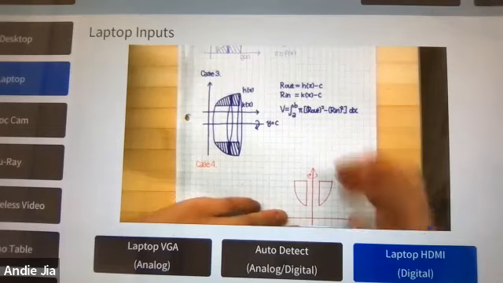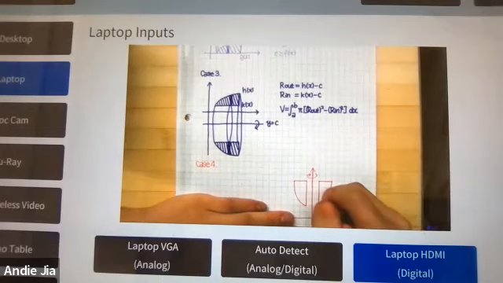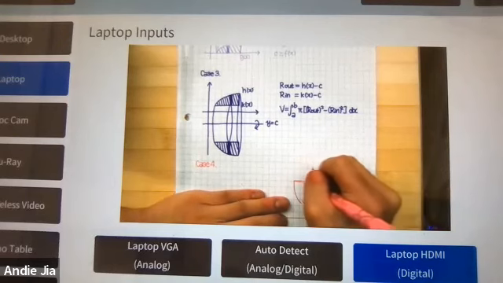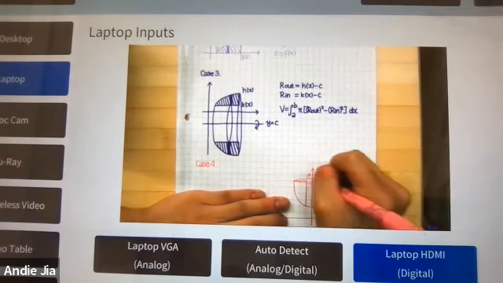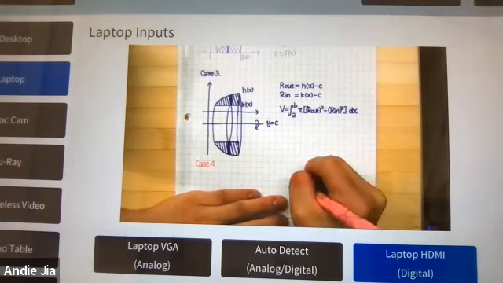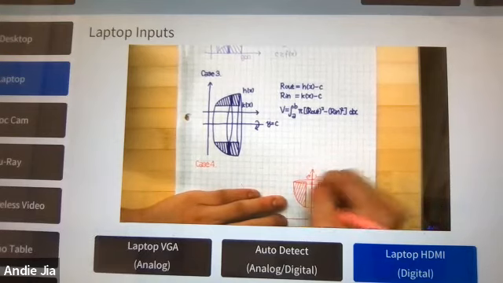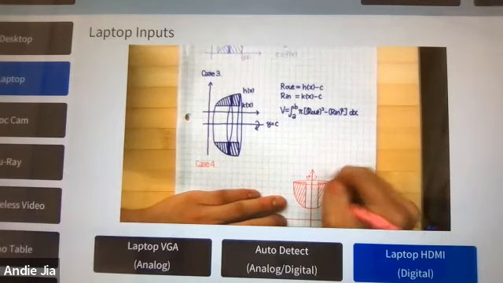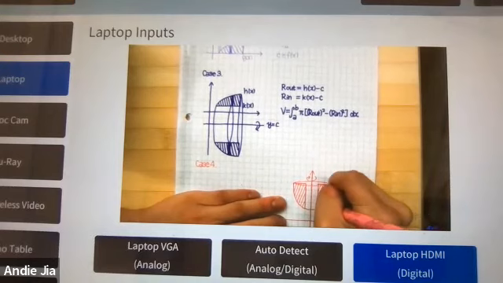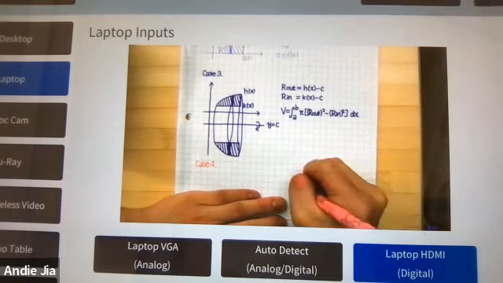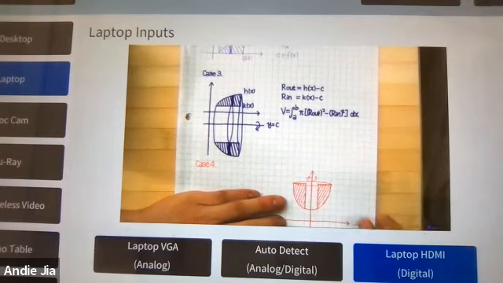This is like the washer that you obtain by rotating about the y-axis. Do you think this is just like a washer?